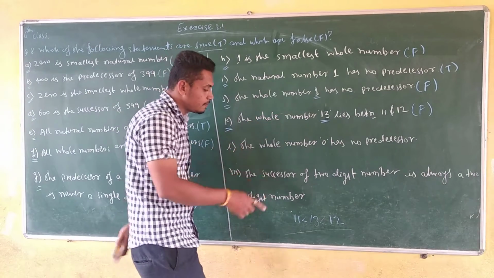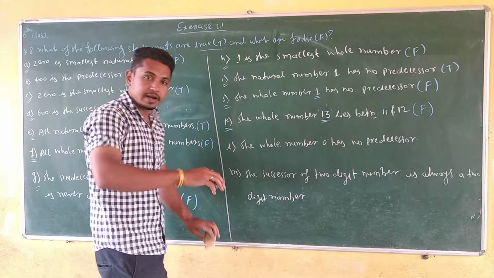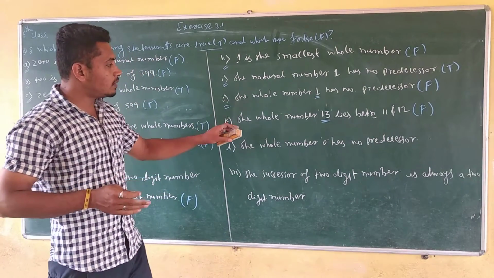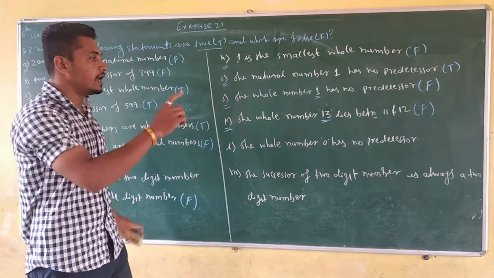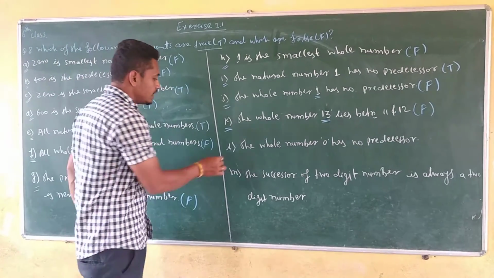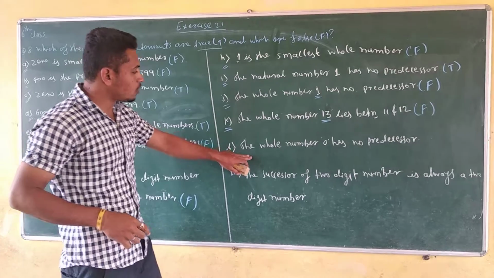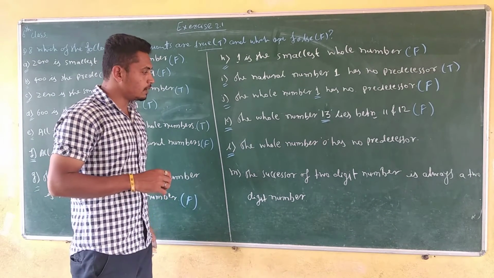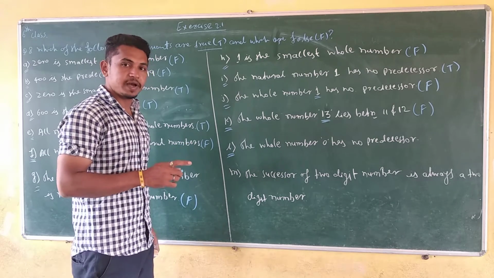But here 13 is greater than both 11 and 12. So that's why the whole number 13 does not lie between 11 and 12. Is it right? Next, see here, next statement: the whole number 0 has no predecessor.